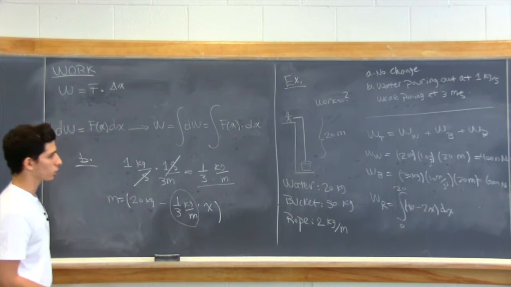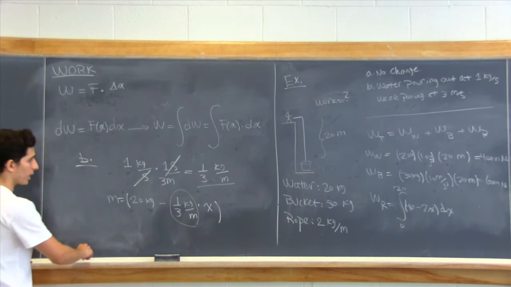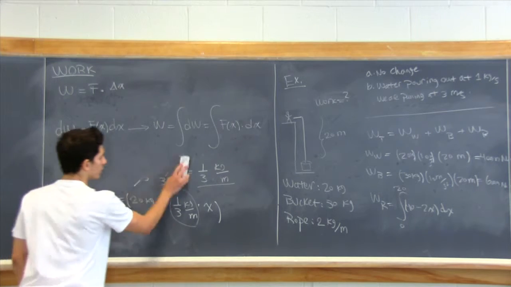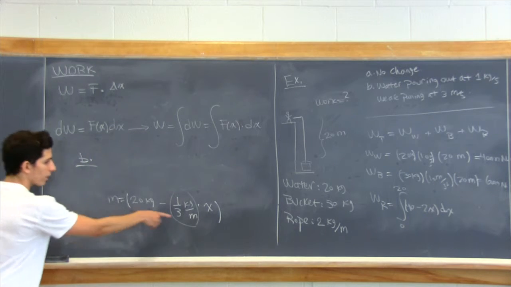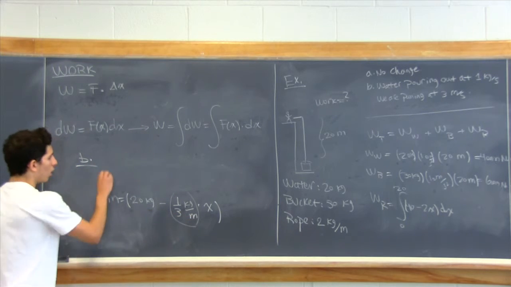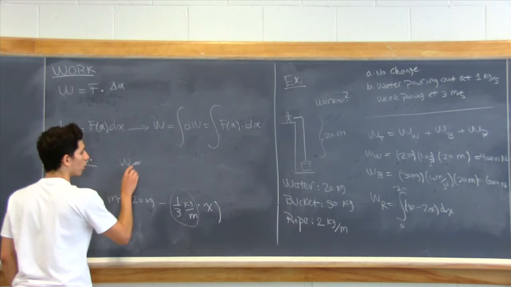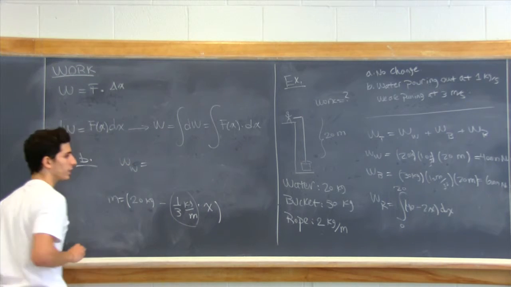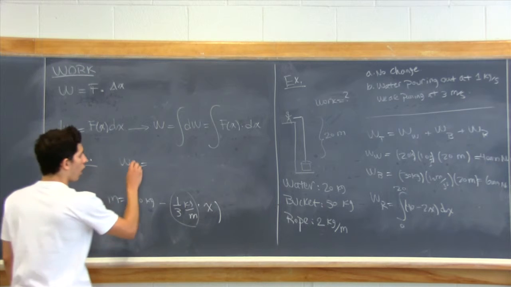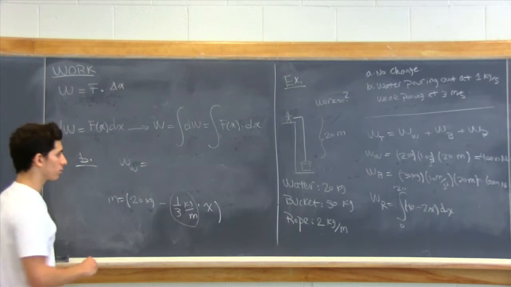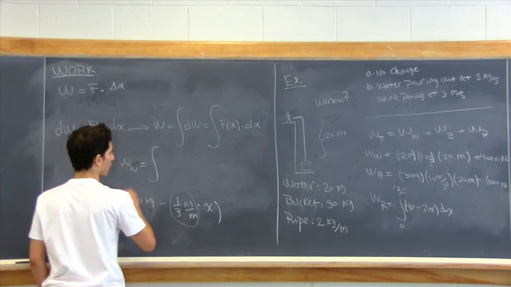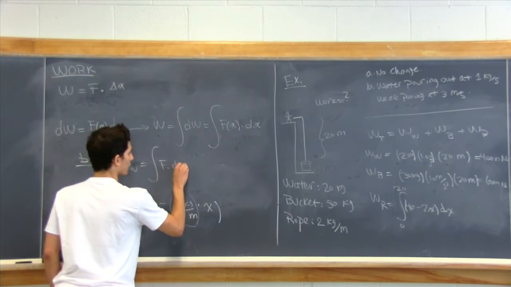So we can actually finish this problem. I'm going to go ahead and erase this part. So this is my variable mass, then my work for the water is going to be, again, work is always the integral of f times dx.